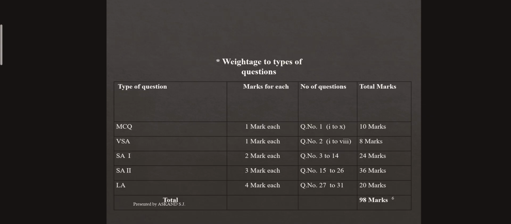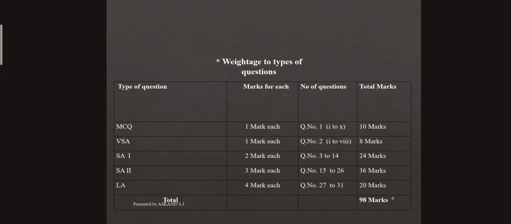How are your marks divided on the basis of questions? MCQ has 10 marks. VSA stands for very short answer, and it has 8 marks. SA, short answer type 1, carries 2 marks each, so you have a total of 24 marks for short answer type 1.